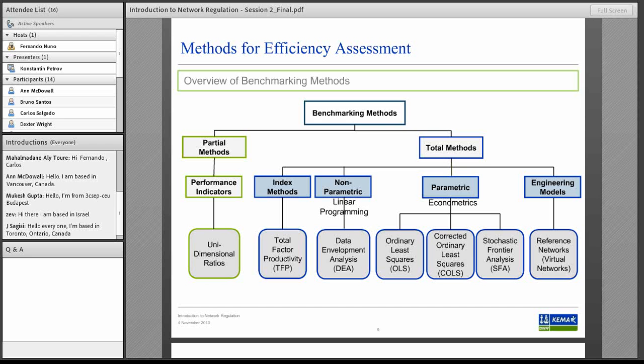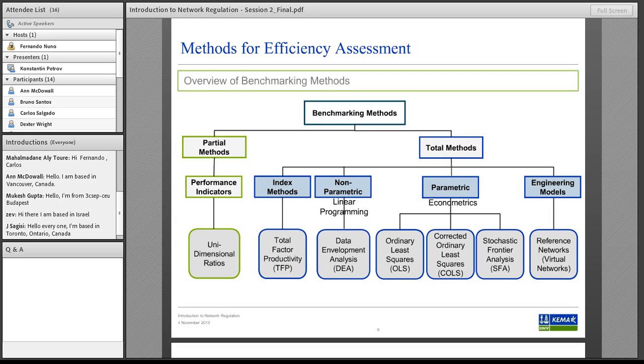To establish this virtual company or network, it is possible to use engineering methods to create a hypothetical network which characterizes well the operating environment of specific companies, to evaluate what the cost level of this company would be in order to provide specific output with specific quality criteria, and then to compare the cost of this virtual company with the investigated company. That will be this approach.